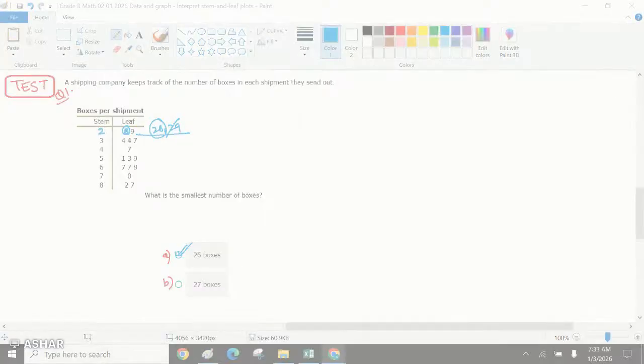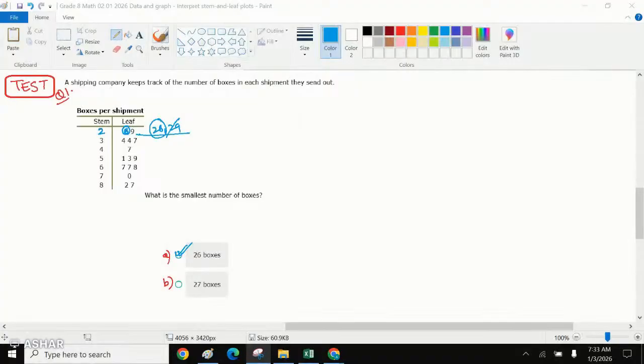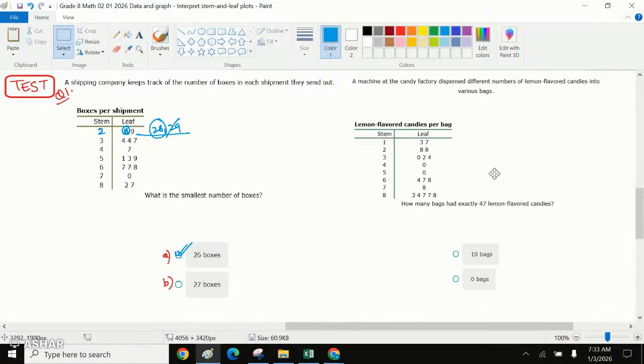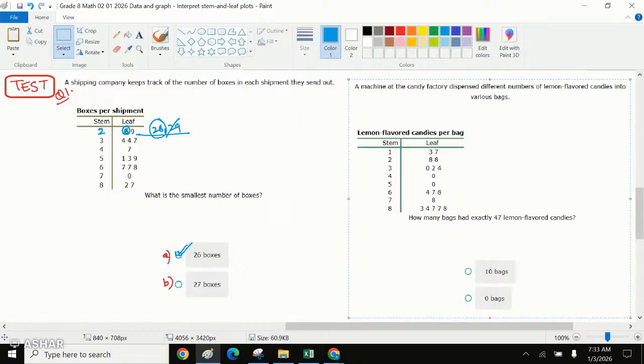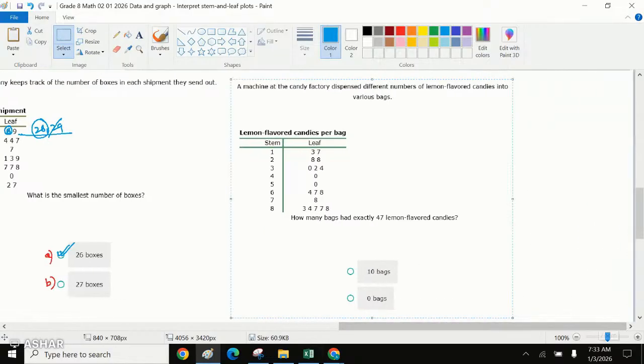And the next question says candies into the bags. Okay. We have another set of options over here. Let's see. In the next question, question number 2, it says a machine at the candy factory dispenses different numbers of lemon flavored candies into the bag. Okay.